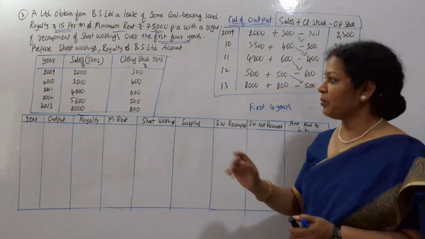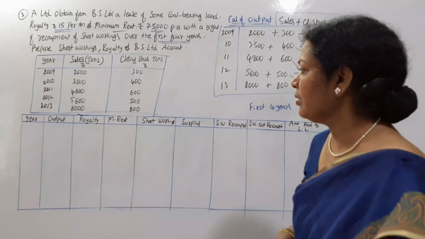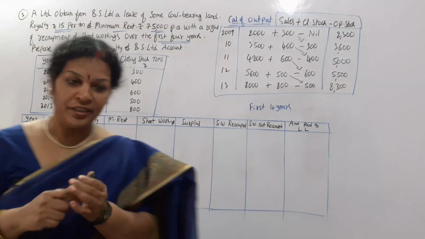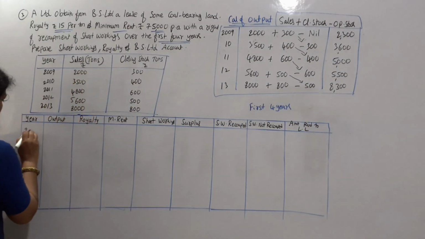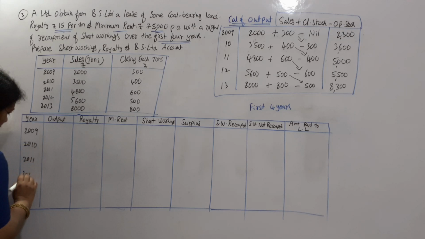Now coming to this problem, I'll work it out. How many years do we have? 5 years, right? So the first year is 2009, 2010, 2011, 2012, 2013.